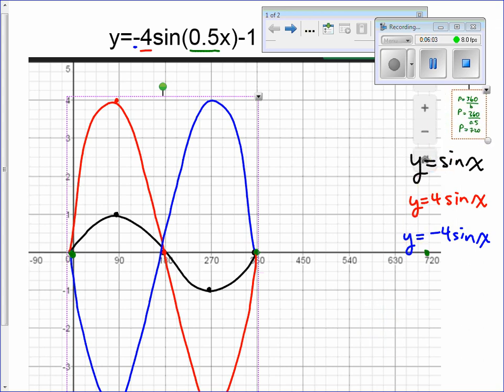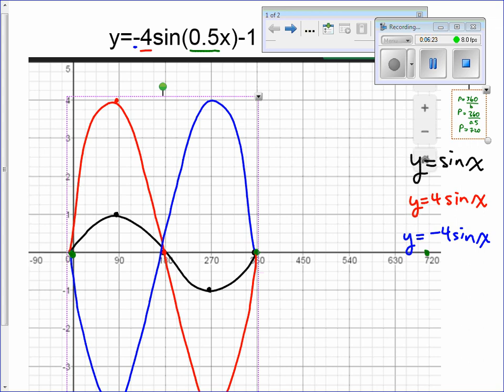Put that up here. So that green stuff goes for P in order to figure out the new period of our graph. Now, in essence, we've taken our period and gone from 360 to 720. So all the x values are being multiplied literally by a factor of 2.